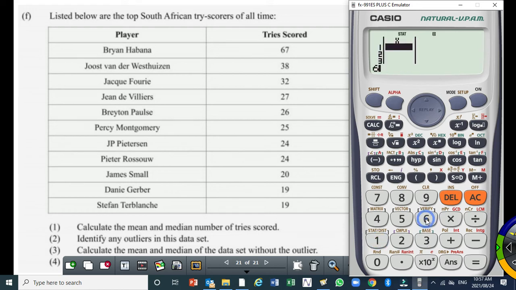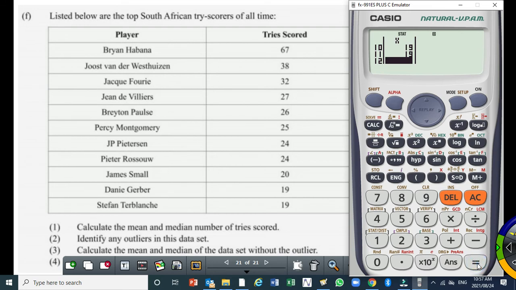So I'm going to put the value 67, then 38, then 32, 27, 26, 25, 24, another 24, 20, then we have 19, and the last 19.